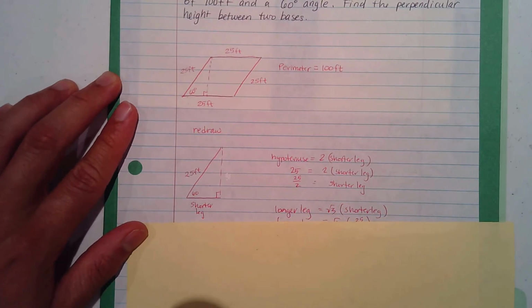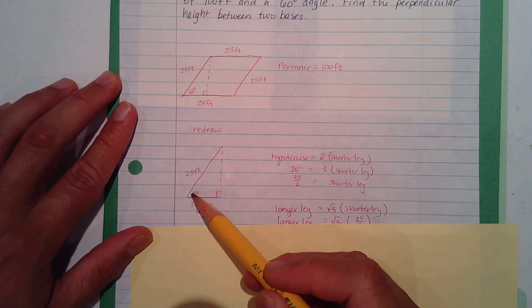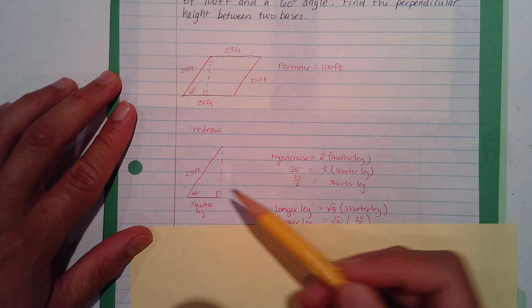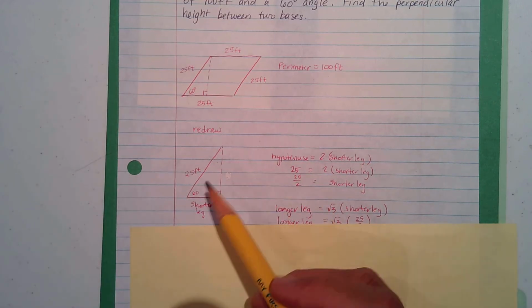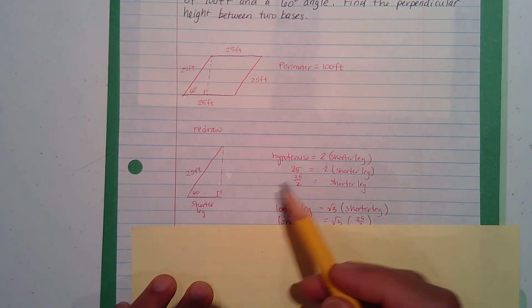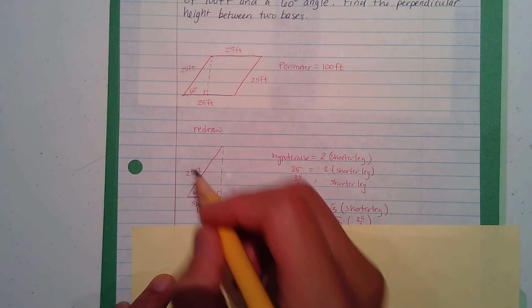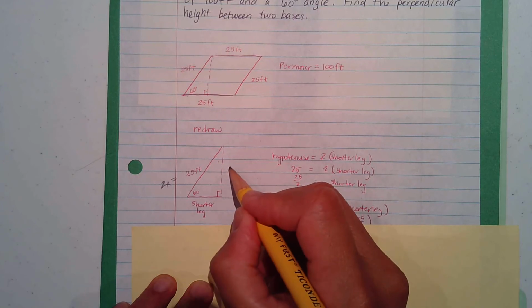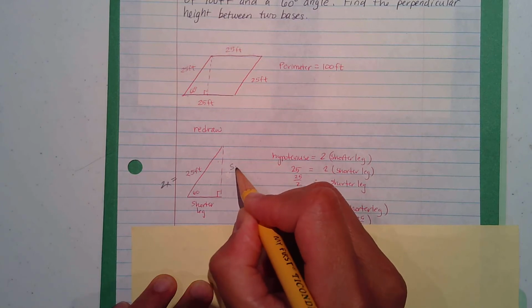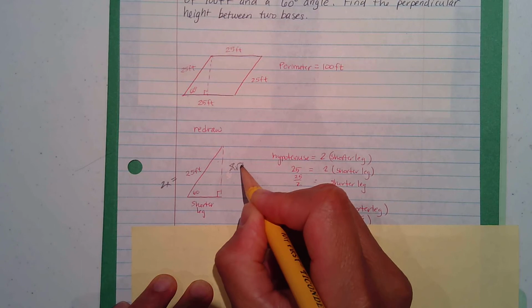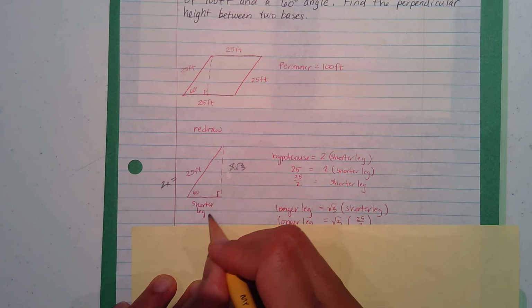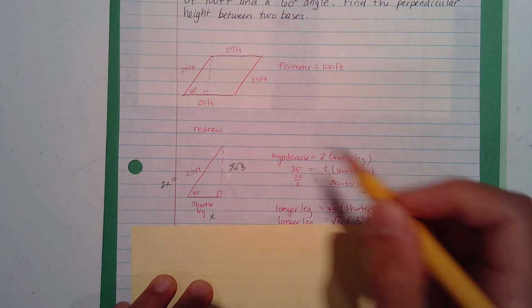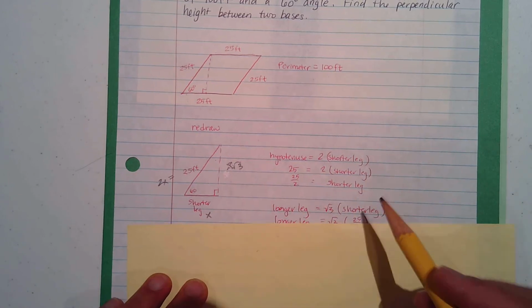So now when we redraw the triangle, we have our 30, 60, 90-degree triangle. So now we're just going to, again, label everything. Opposite 90 is 2x. Opposite 60 is x radical 3. And opposite 30 is x. So this is x radical 3, x, and 2x.